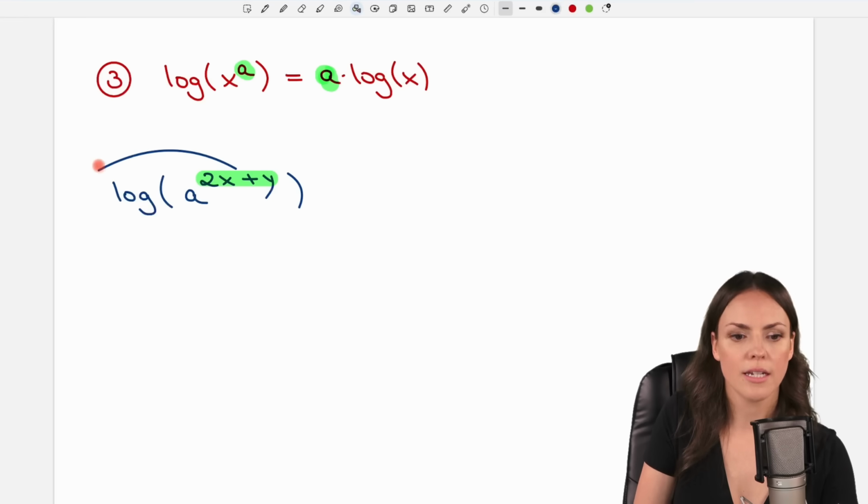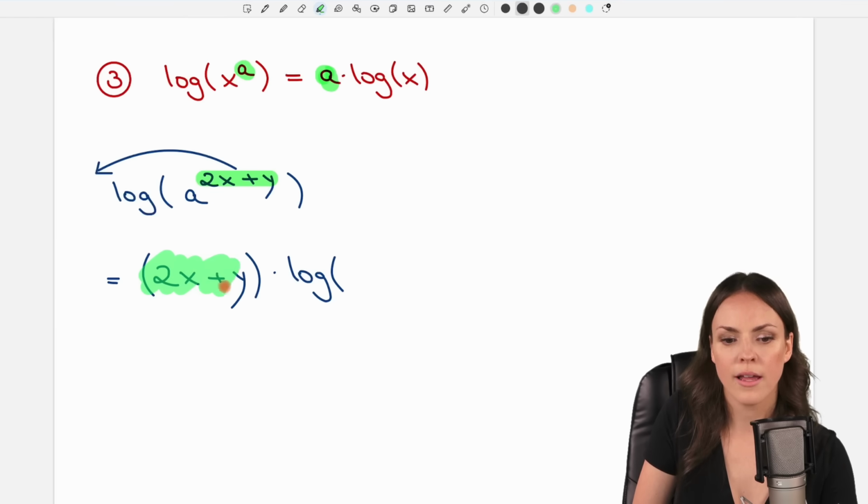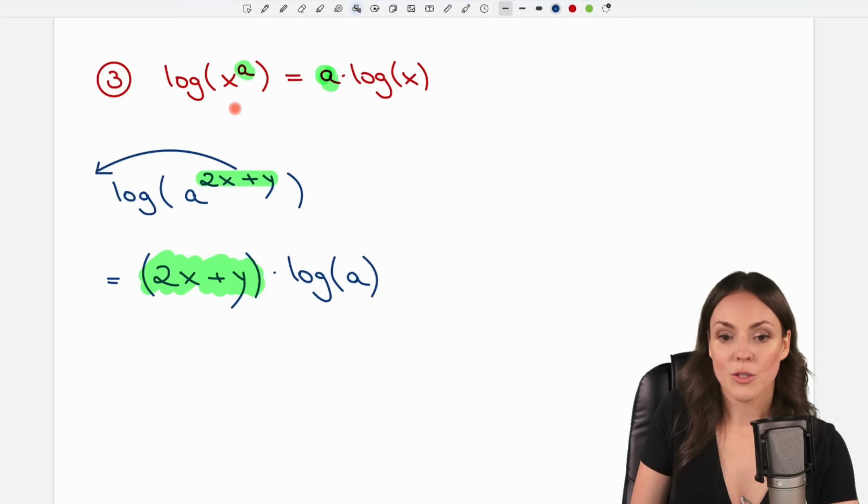So we take this exponent, 2x plus y, write it in parentheses because all of that needs to be multiplied now by the rest. So by log, and then only the base is left in here because we took the green part out in front of the log, and only the a is left in our logarithm. This was this way around.